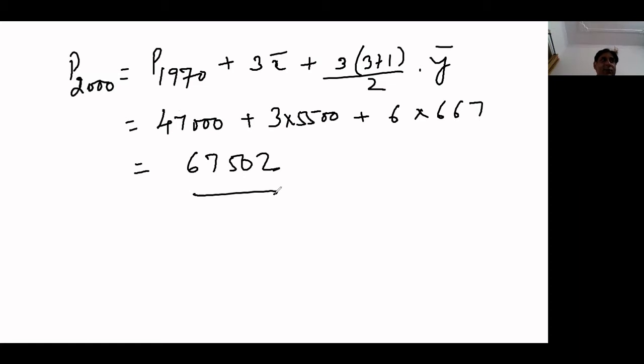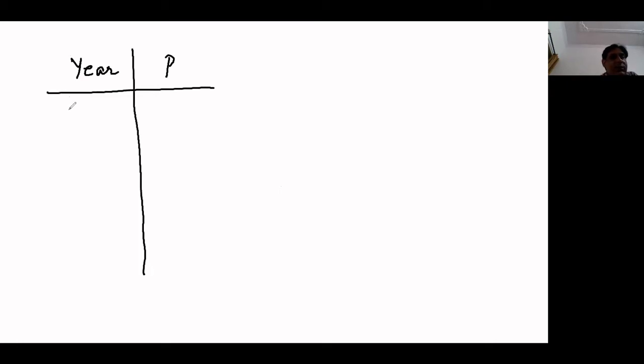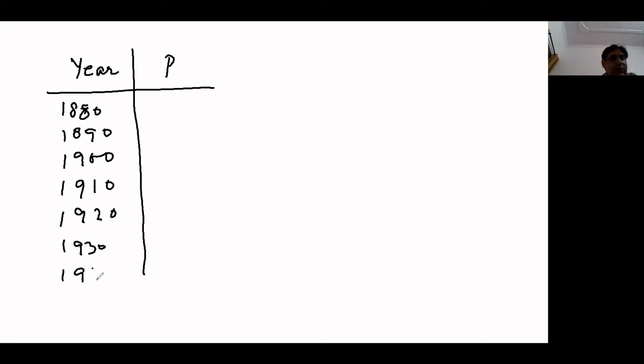Now, let us take another example for this method. Say year, population, right? 1880, 1890, 1900, 1910, 1920, 1930, and 1940.